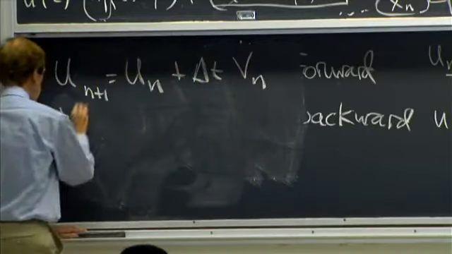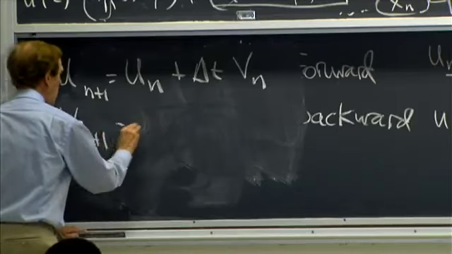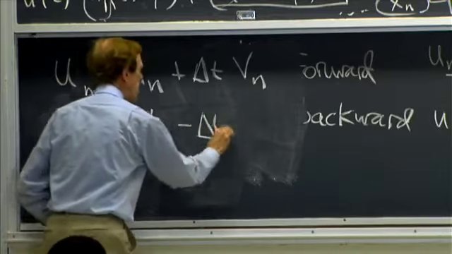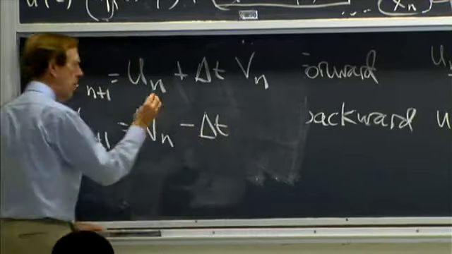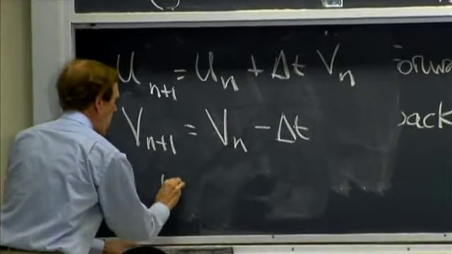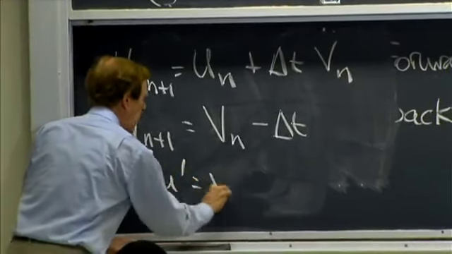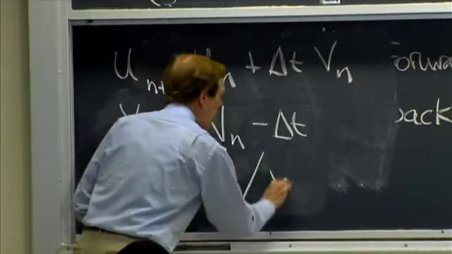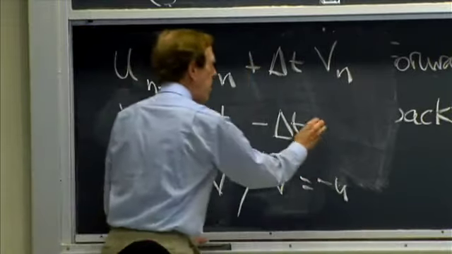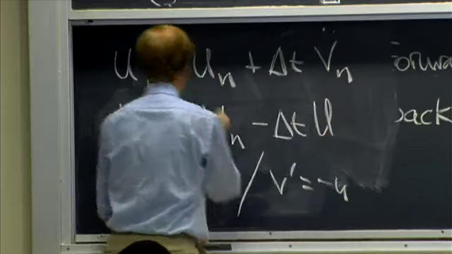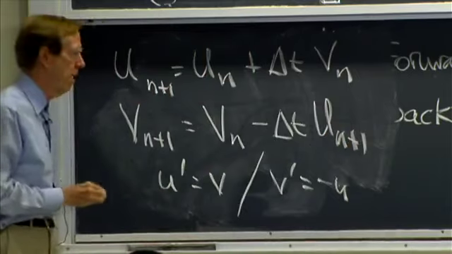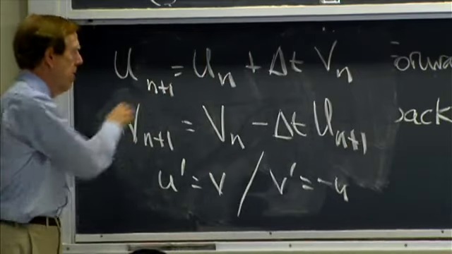And then the new velocity was the old velocity minus delta t times the u, because our equation is u prime equals v is the first one, v prime equals minus u is my second equation. And the point was I could take that, because I know it already. Right. Okay, good.